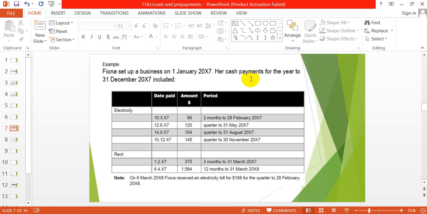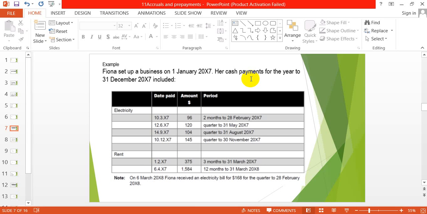Establish whether you've got 12 payments as well for those 12 expenses. If there's an expense which has got no payment, then that expense should be accrued.